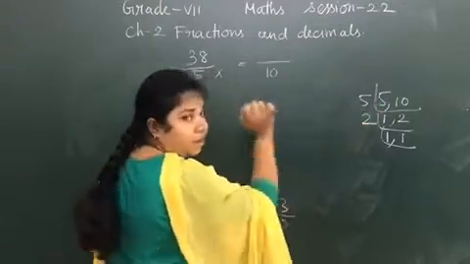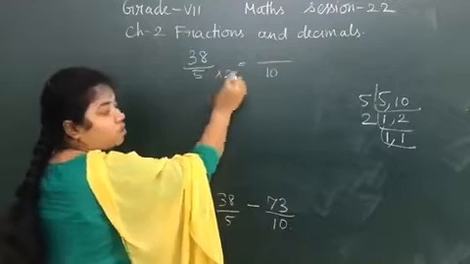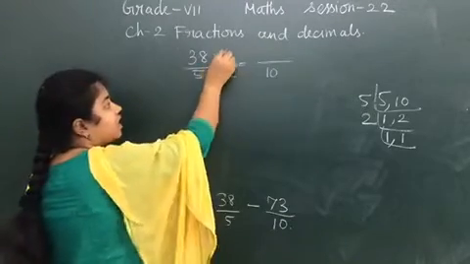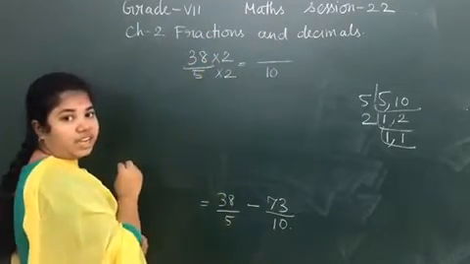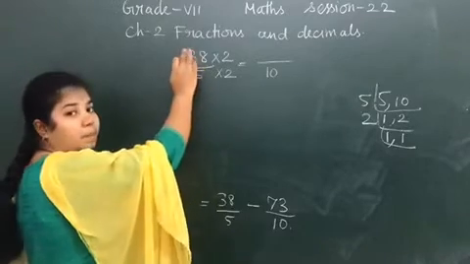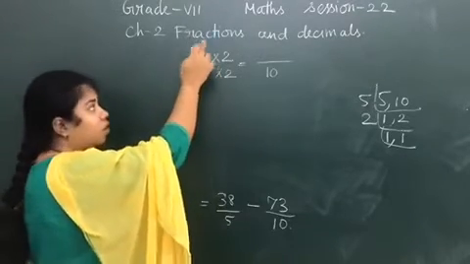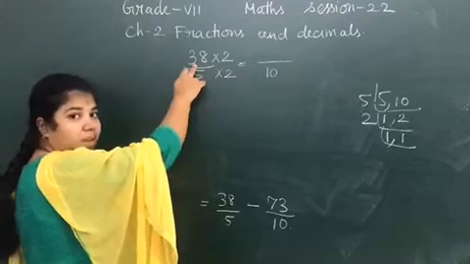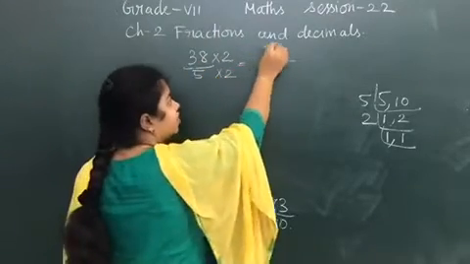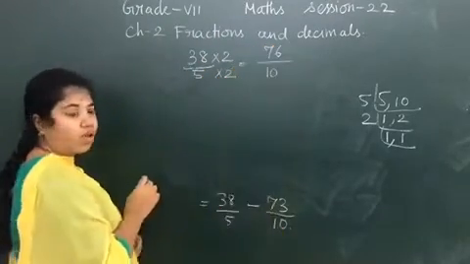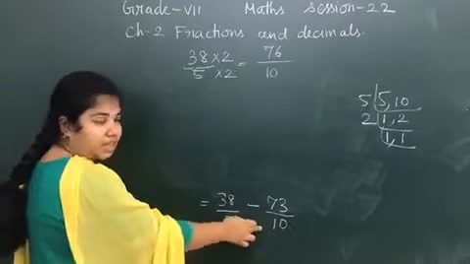What is the remaining number? 2. So 5 into 2 is equal to 10. 38 into 2. What is 38 into 2? So you can double up. 8 plus 8 is 16. 1 remainder. 3 plus 3 plus 1 is 7. 76.